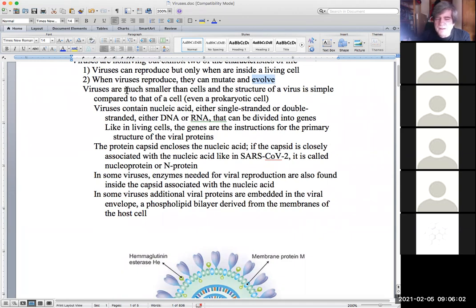So keep in mind, viruses are much smaller than cells. If we think about a cell, a virus is maybe the size of a ribosome. So even compared to a prokaryotic cell, they're small. Now, another way they're small is in terms of their genetic material. Just like in a eukaryotic cell or a prokaryotic cell, viruses contain genes.